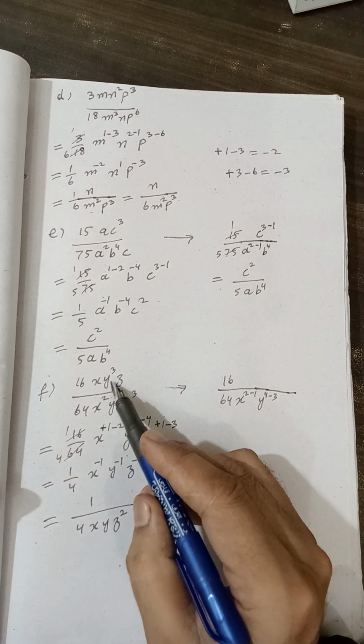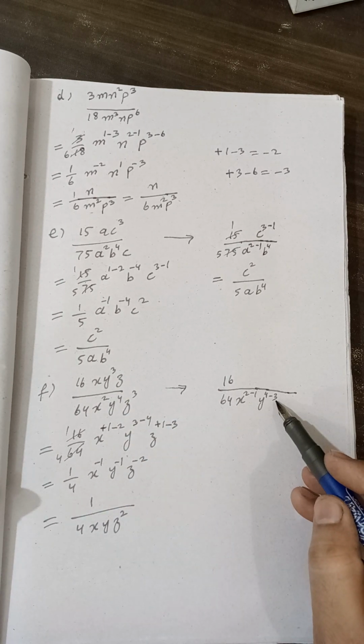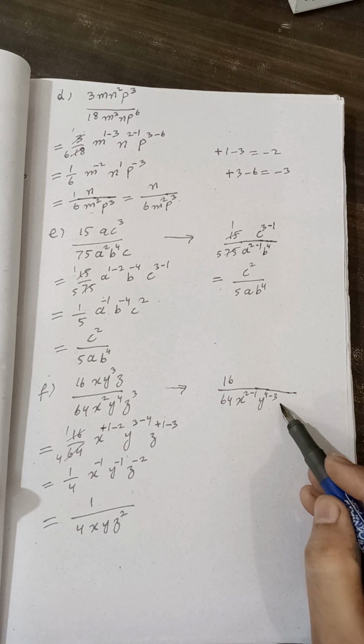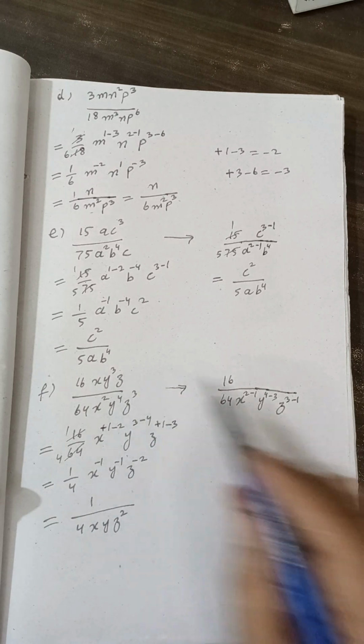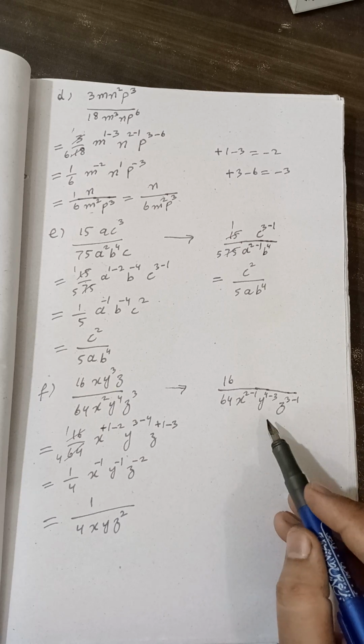This 3 is due to y3. Due to this 3, it will become -3 in the denominator. And z has greater degree in the denominator, so z3 minus 1. You will write this positive 1 minus 1 in the denominator. So all the alphabets have gone to the denominator.